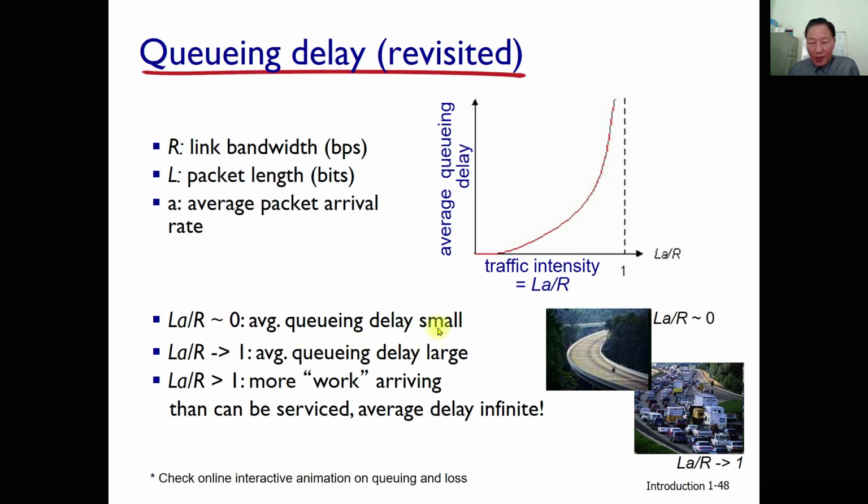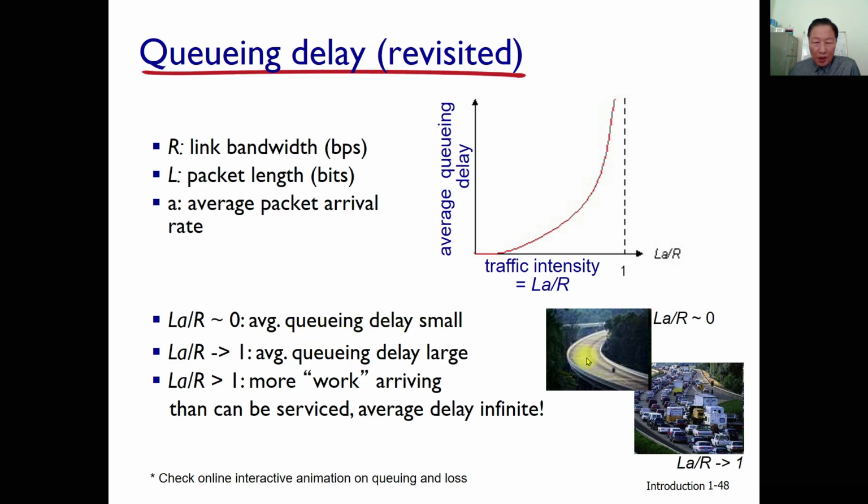Think about our expressway. Randomly, the cars are arriving there. There are not many cars arriving, and the road can be used by a single car.